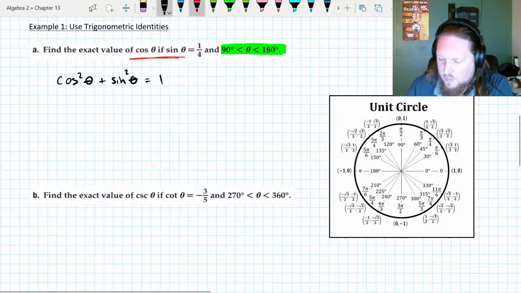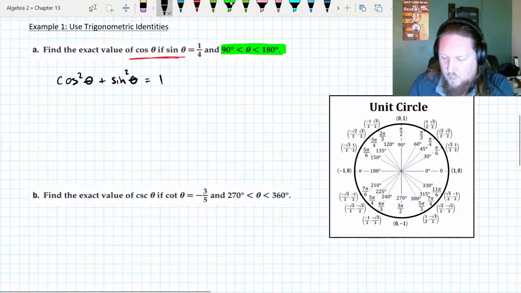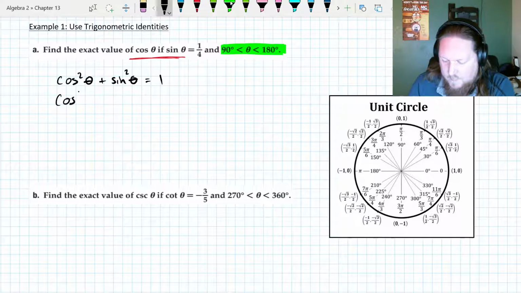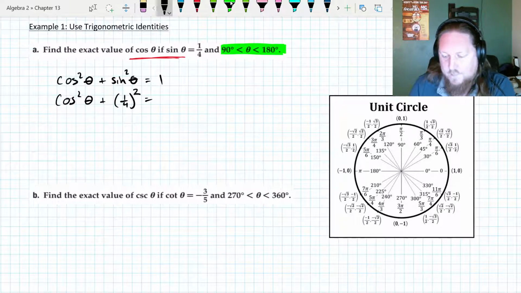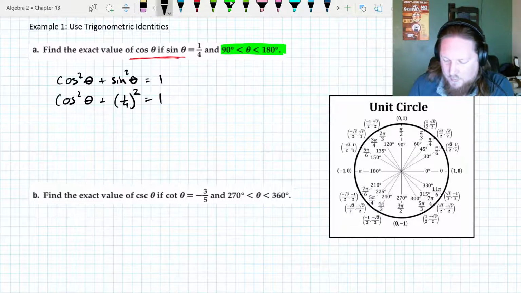But I know sine of theta is 1/4. So all I have to do is plug that in for sine of theta, and then I square it. And now you'll notice you've got cosine squared theta plus 1 over 16 equals 1.